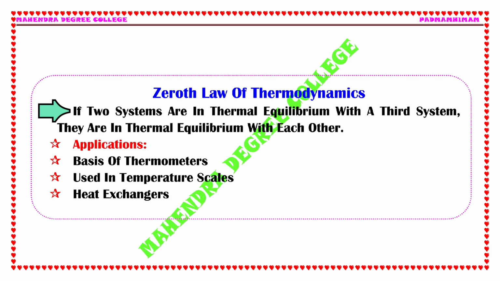From the zeroth law, hot water and milk are at the same temperature, means thermal equilibrium, even though they were not directly compared. In short, the zeroth law is the basis of temperature measurement and thermometers.